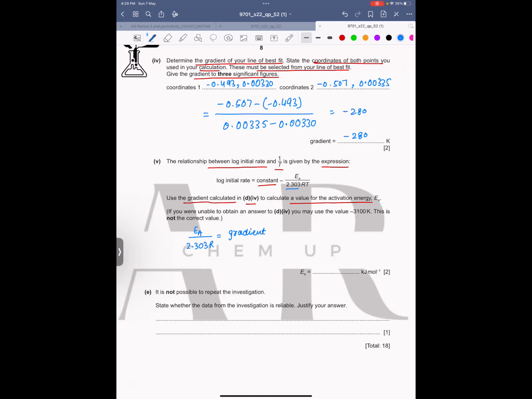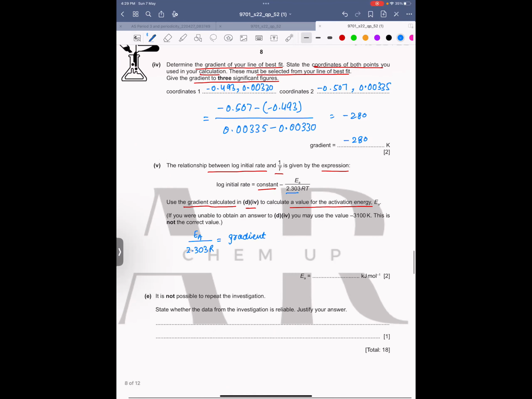Sir, in gradient, how is the value negative 0.493? Like the x value. Which one? Can you repeat again?